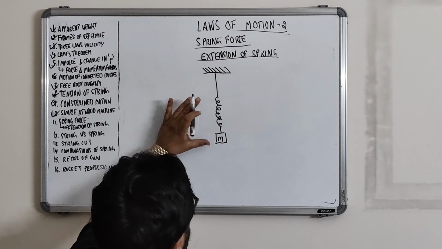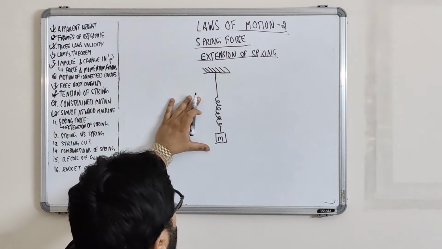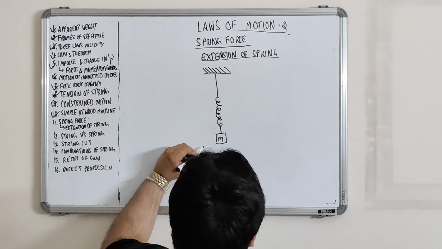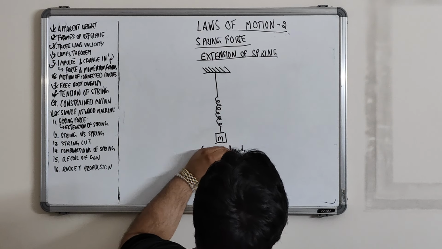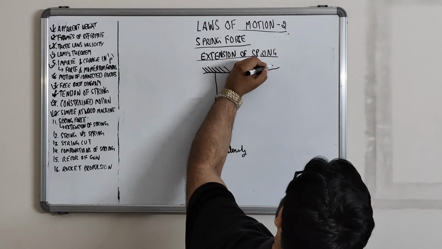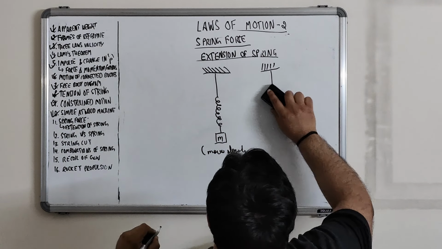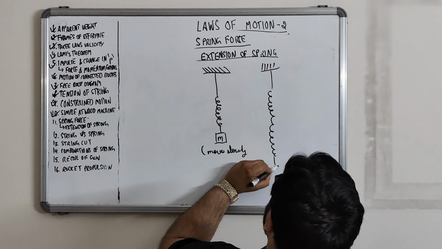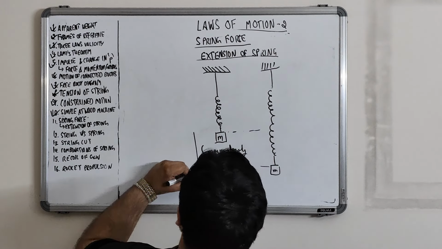Right now the spring is hanging, there is no elongation. But if we drop it and it moves slowly, this is very important, move slowly, this is delta x, let's call it just x.